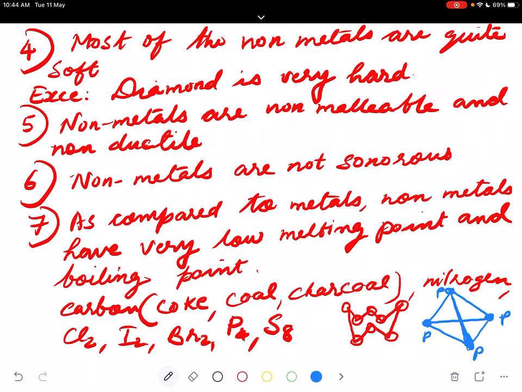So the number of atoms that make one molecule is called atomicity. This 8 means the atomicity of sulfur, 4 the atomicity of phosphorus, 2 the atomicity of bromine. So we call them diatomic, tetraatomic, or polyatomic. More than three, we call polyatomic. These are the characteristics and examples of nonmetals.